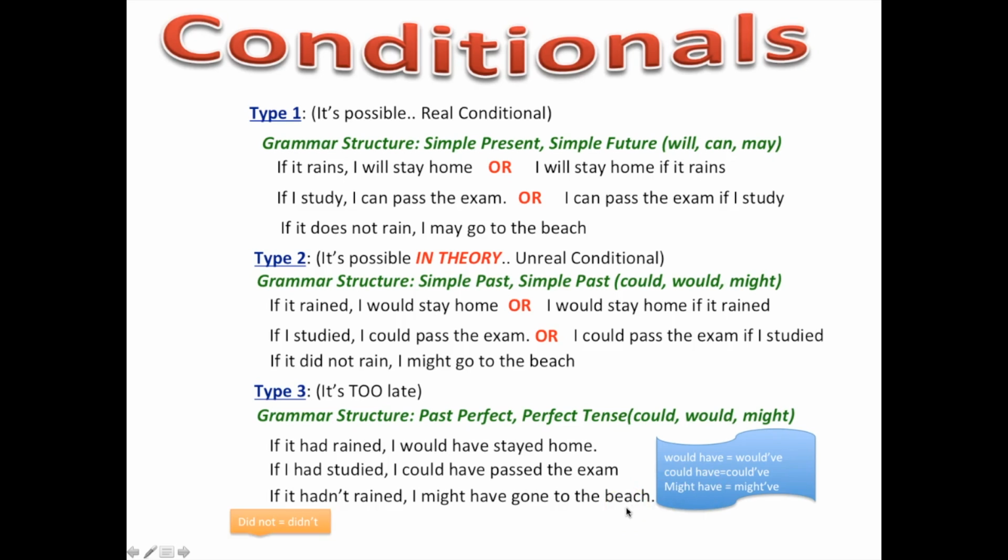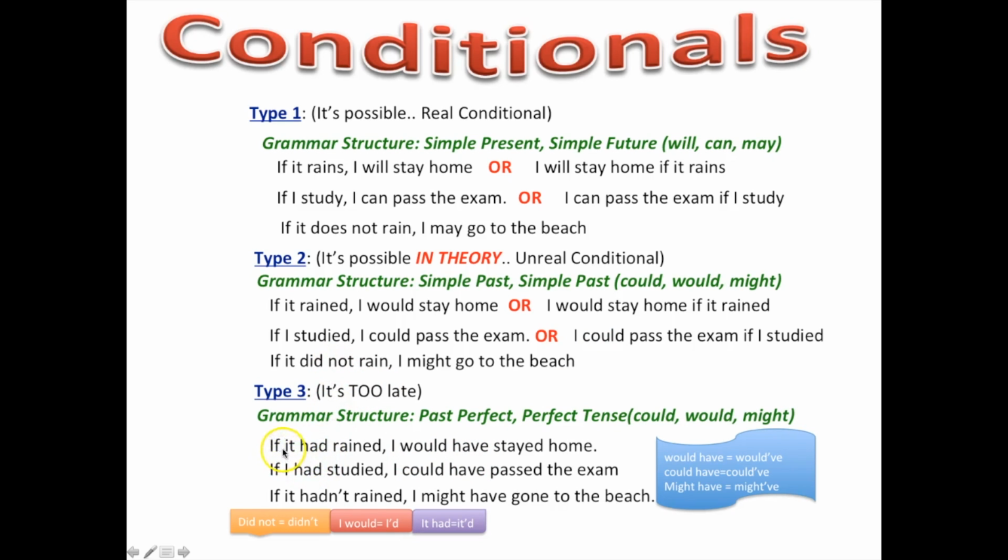Okay, so here we have all the contractions. From did not, which is here, we can use didn't. So if it didn't rain, we have another one. I would, here, I'd stay. I'd stay. And then we have it had, it'd.